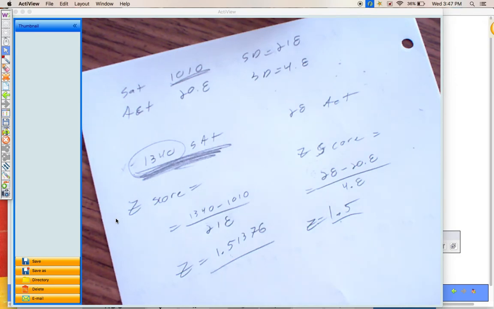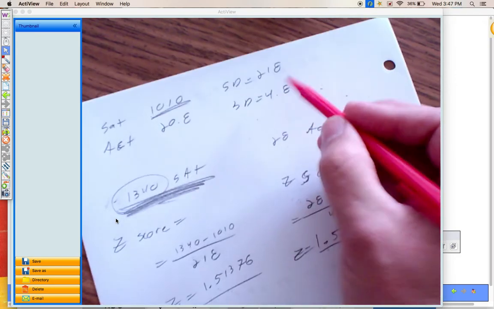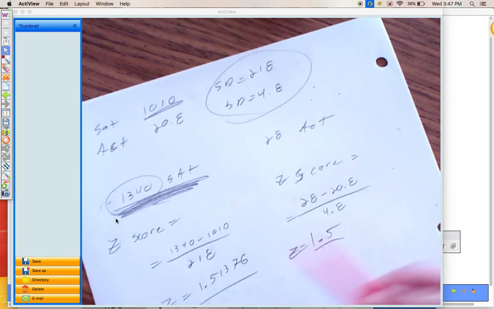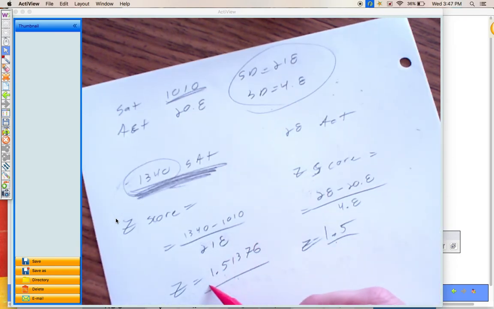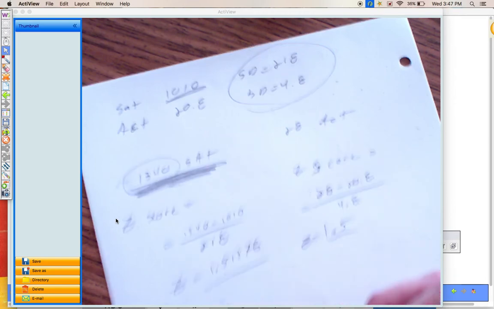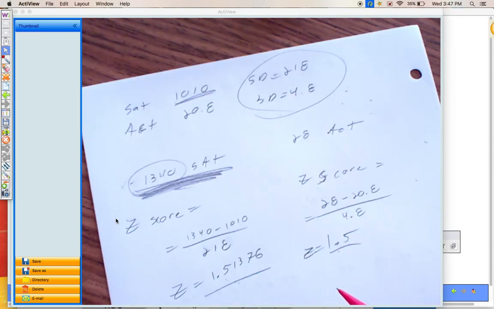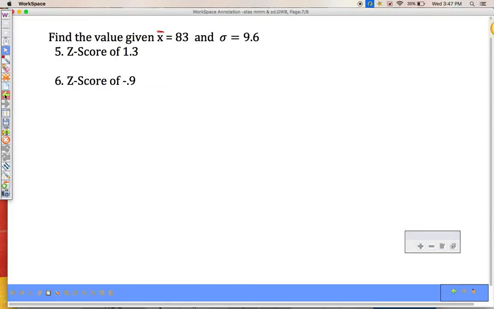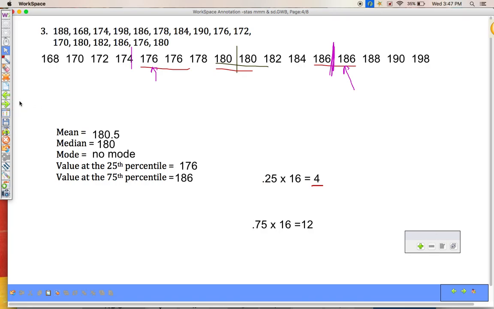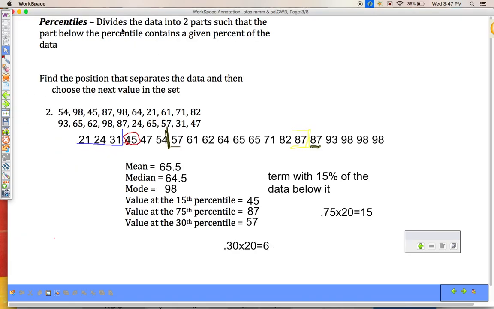All right, the z-score is how many standard deviations you are above or below the mean. Positive z-scores are above, a negative z-score would be below. In this lesson, we need to be able to calculate mean, median, mode, and find a standard deviation, and the calculator does most of the work for us. After that, we need to understand what a percentile is: the term that has a certain percent of the data below it.